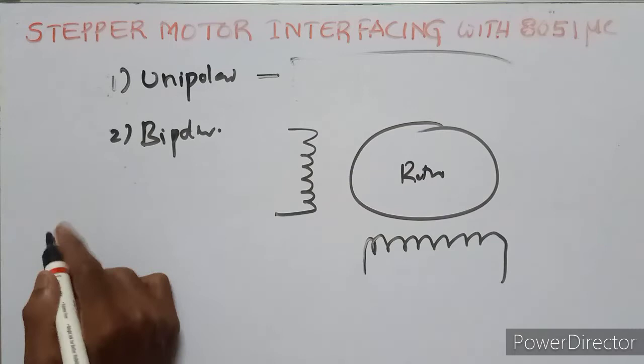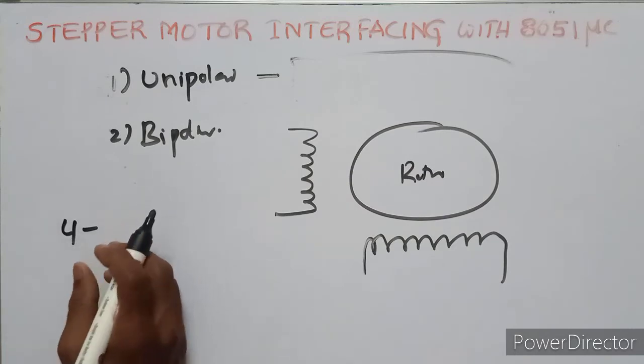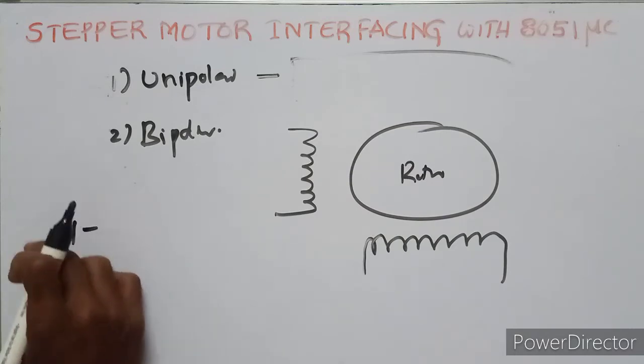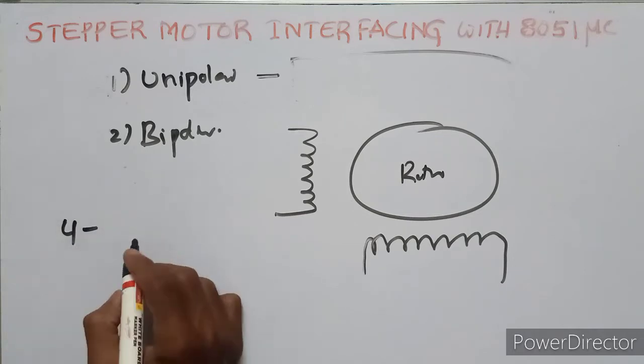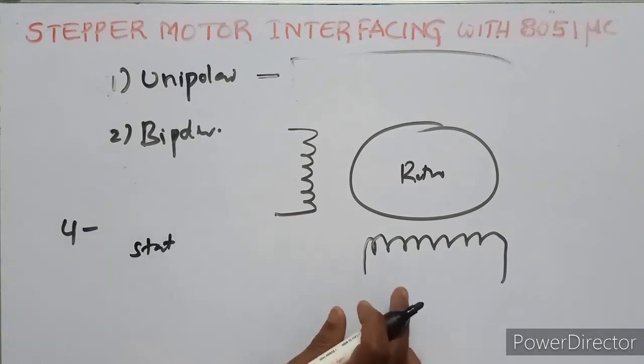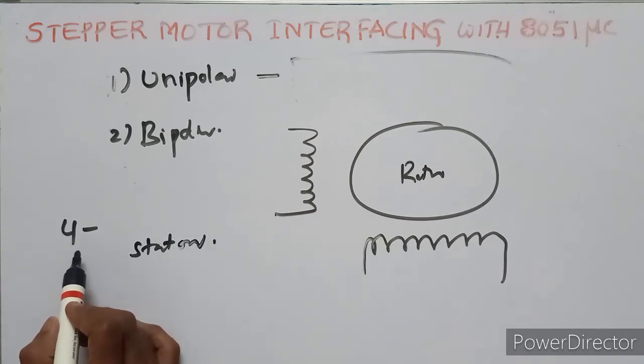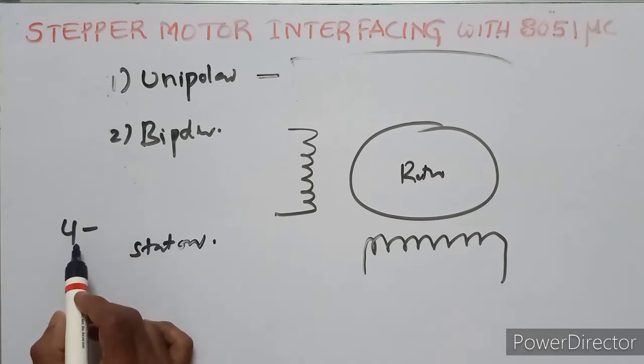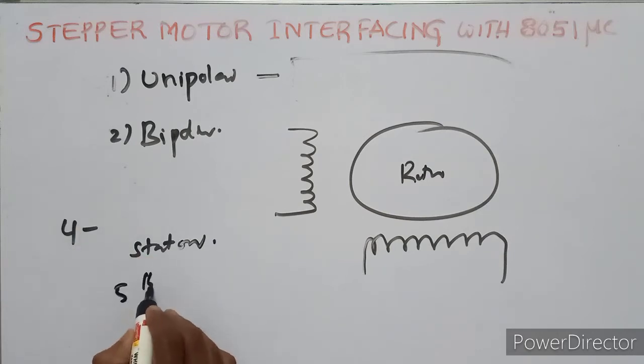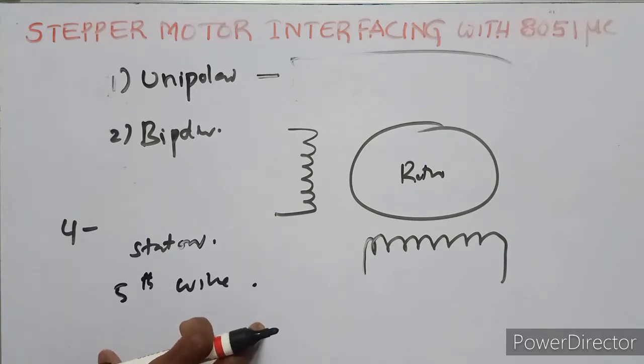In the 5 or 6 wires there are 4 wires, one end of which is connected to the stator coils, and the other end of these 4 coils is connected to the fifth wire. This fifth wire is called the common wire or common point. Generally there are two common wires formed by connecting one end of two coils.